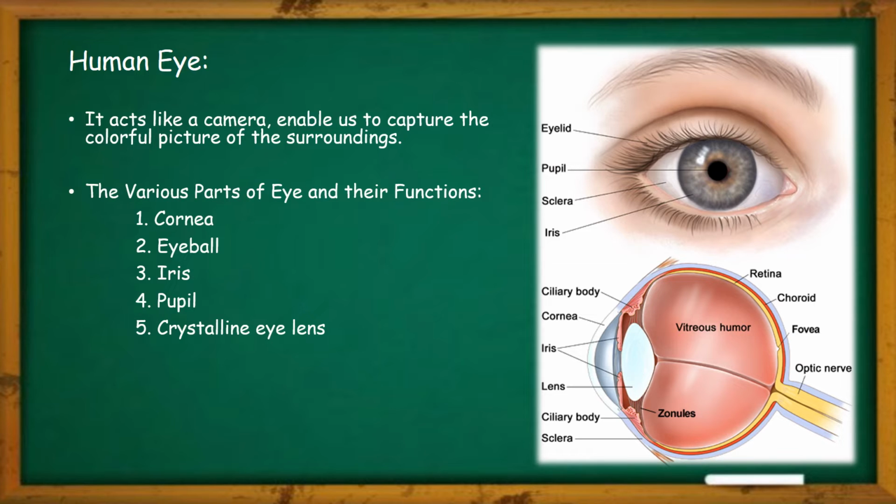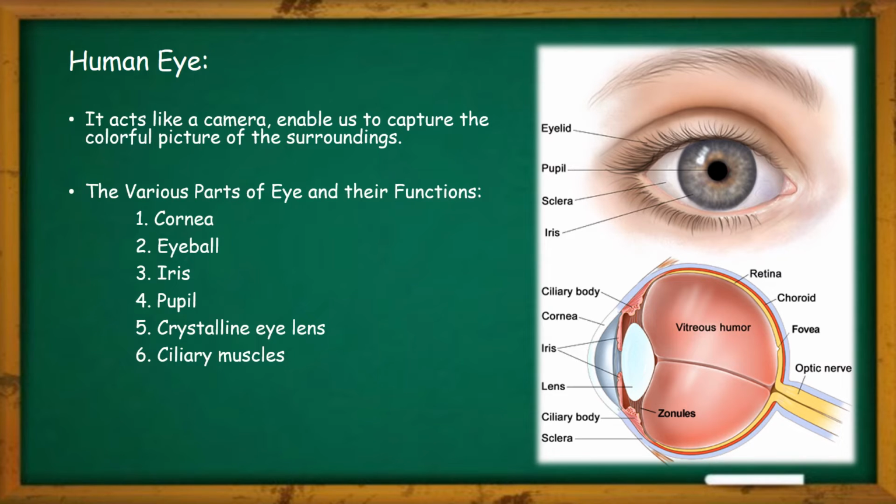It is composed of a fibrous jelly-like material, and this convex lens always converges the light rays entering our eye, and they are focused at the retina, where the image of that object will be created, and we are able to see those things.